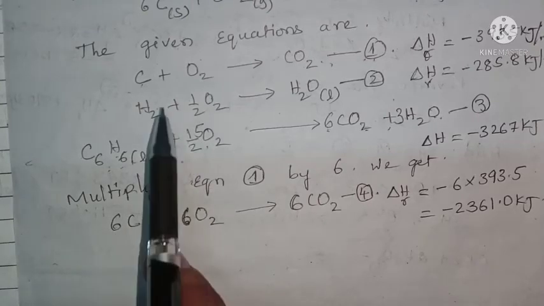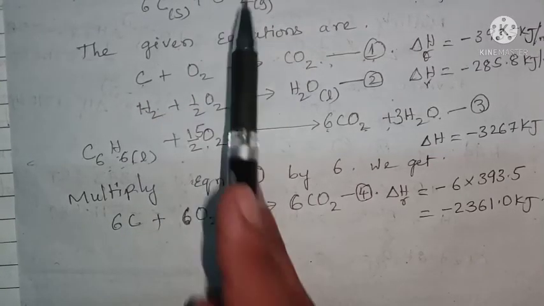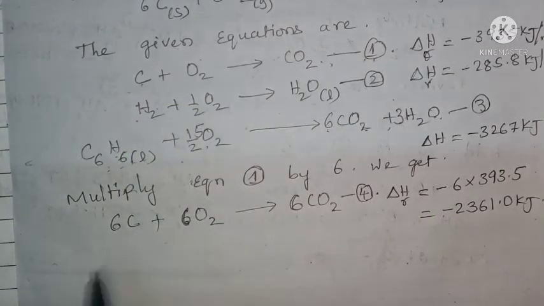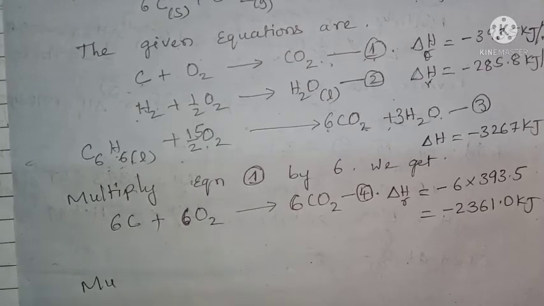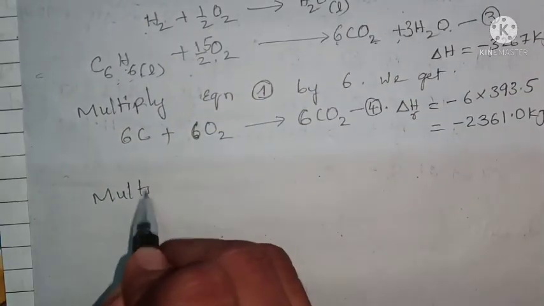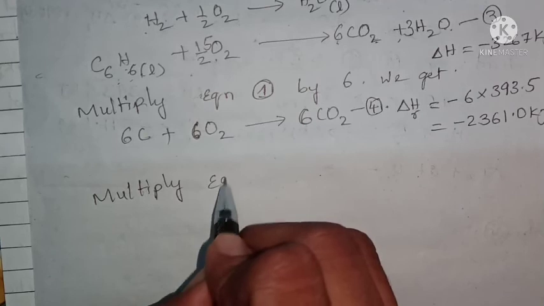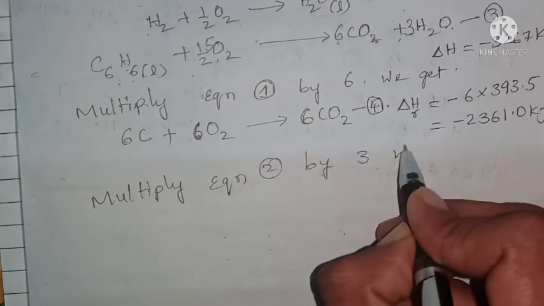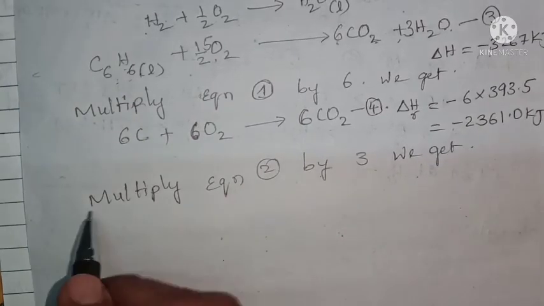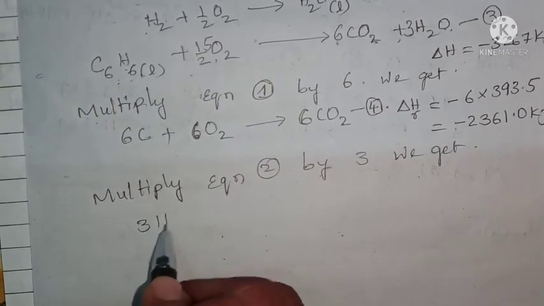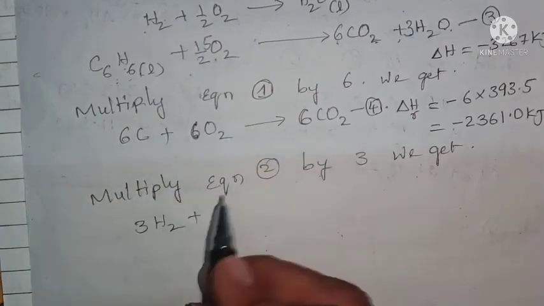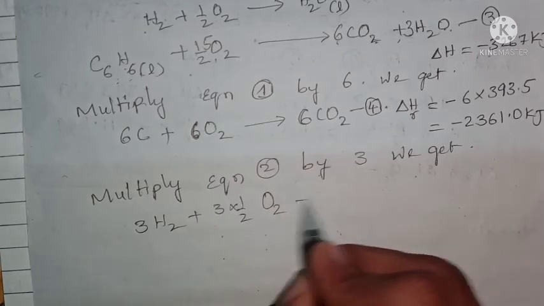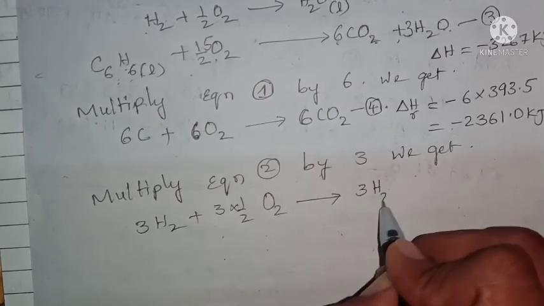Next, I require 3 moles of hydrogen, but here only 1 mole is there, so multiply equation 2 by 3. We get 3H2 plus 3 into 1 by 2 O2 gives 3H2O.